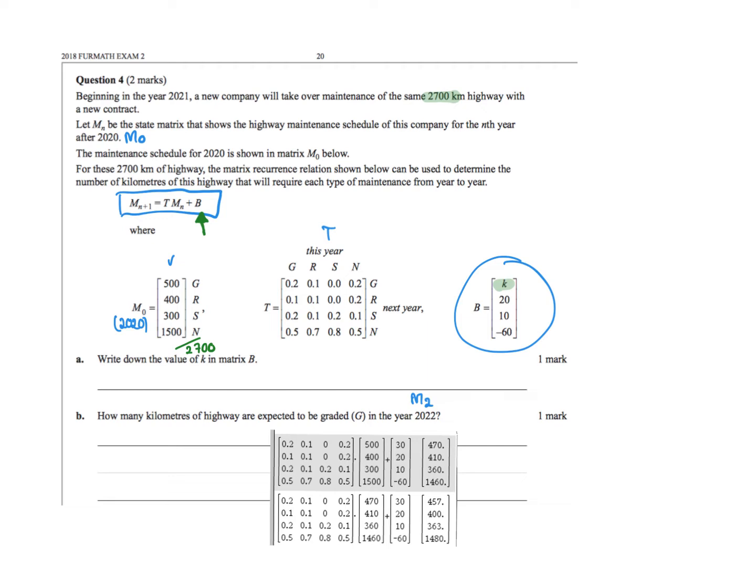So you can see here, if we're going to minus 60 here, that means we need to add 60 as well. So then that would balance out to 0, so that we're essentially not adding any extra highway. So if we've got minus 60 and these two make up 30, then K would have to be 30, because if you total all those numbers up, it would be 0, and that's good. That means we're not adding any extra. So we can write down the value of K must be 30.